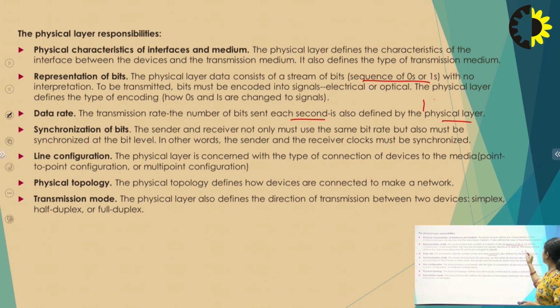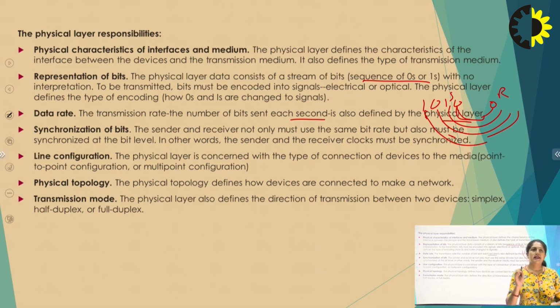If we are sending 0101, the receiver will also get 0 first, then 1, then 0, and then 1. So there is proper synchronization. It doesn't happen that first 1 comes, then 0 comes. No. How it started, it will end like that only. So the sender and receiver clocks must be synchronized.